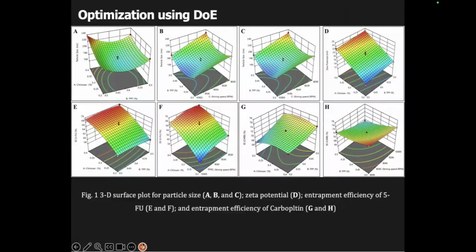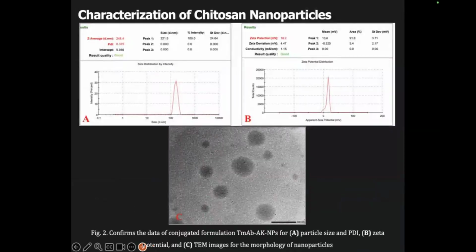Here, the Design Expert software was used and Box-Behnken design was chosen. A three-factor, three-level design was chosen, where the first 3D surface plot shows the particle size, ABC for the particle size determination, and second one is D for the zeta potential, E and F for the entrapment efficiency of 5-FU, and G and H for the entrapment efficiency of carboplatin.